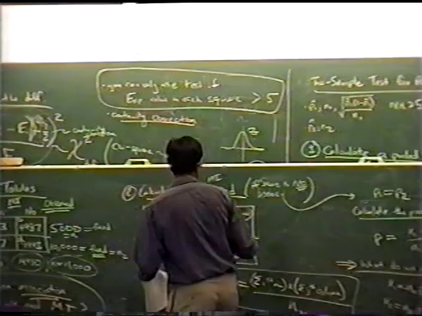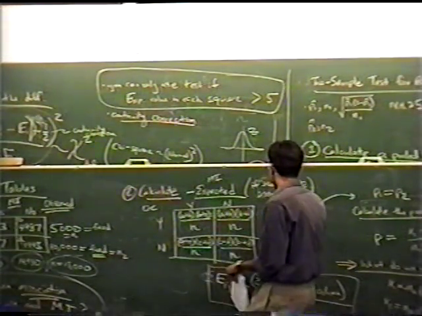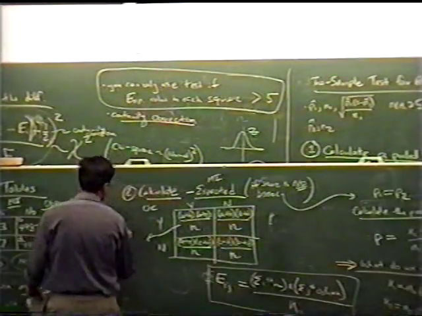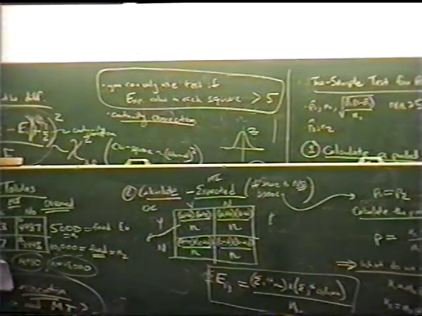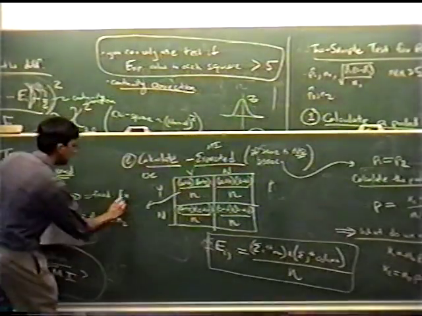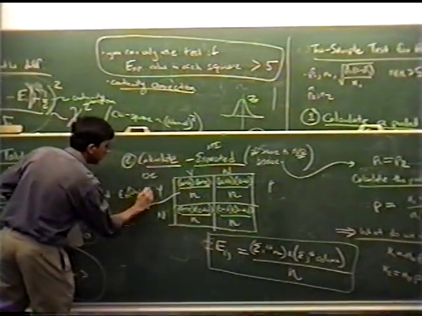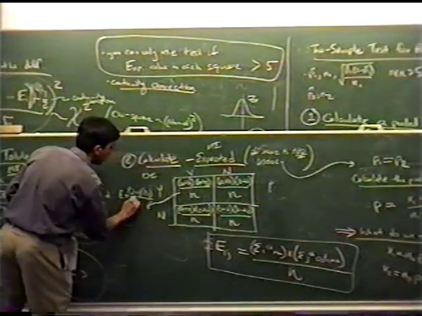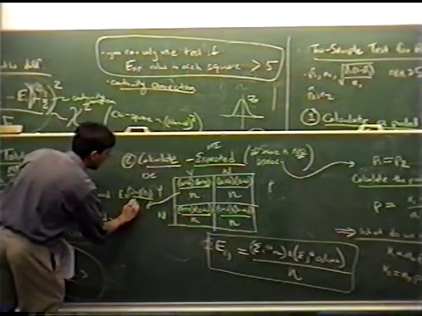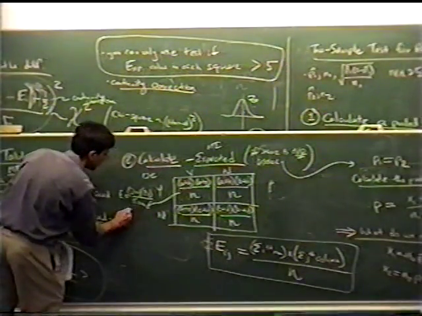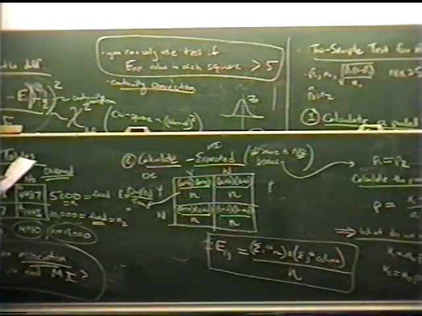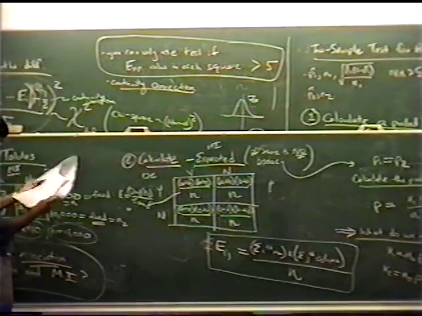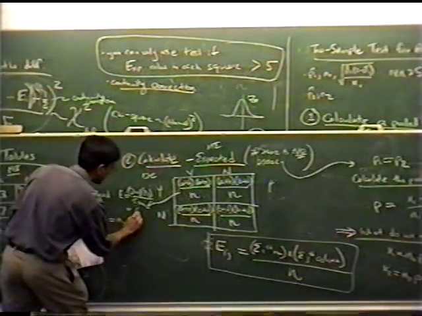So the expectation value in the first block is just A plus B, so that's 5,000, times A plus C, which is 20, all over N, which is 15,000. And when you solve that, that is equal to 6.7.